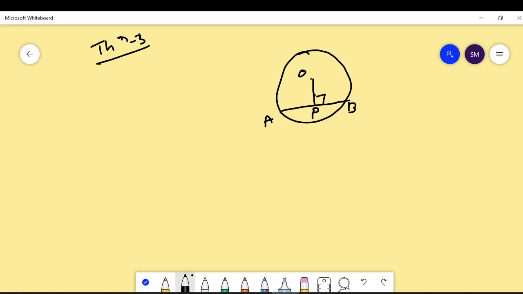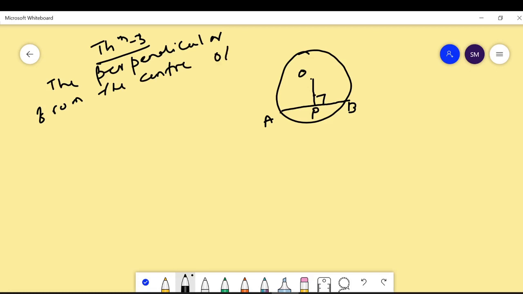Here the theorem says the perpendicular from the center of a circle to a chord of the circle bisects the chord.